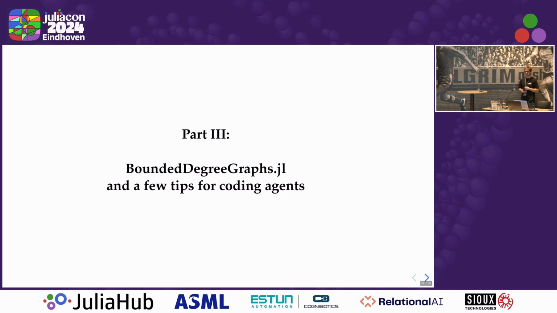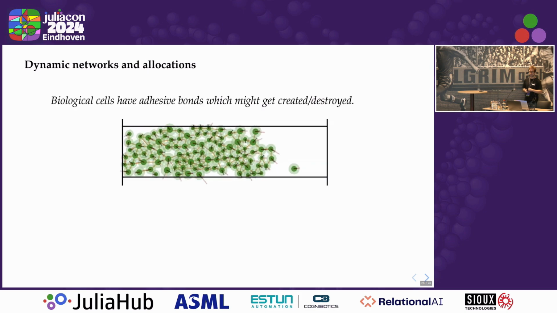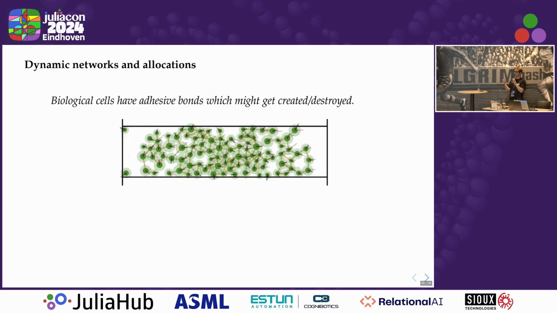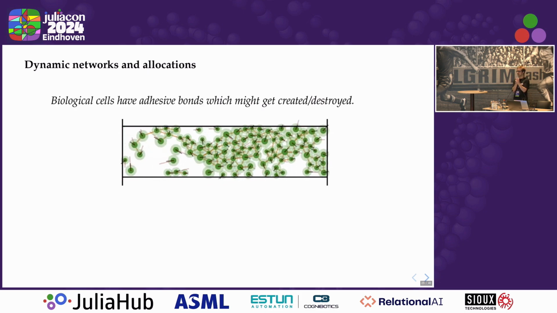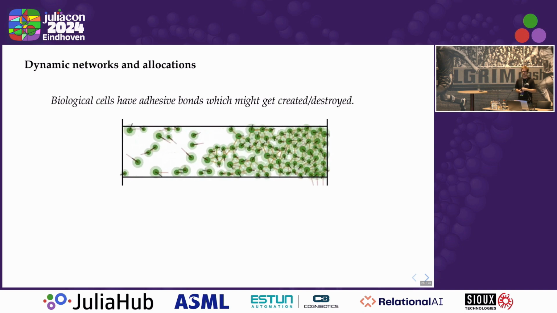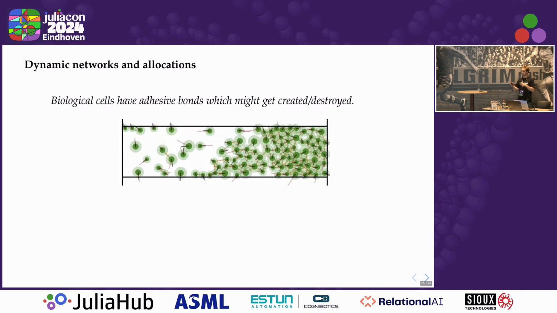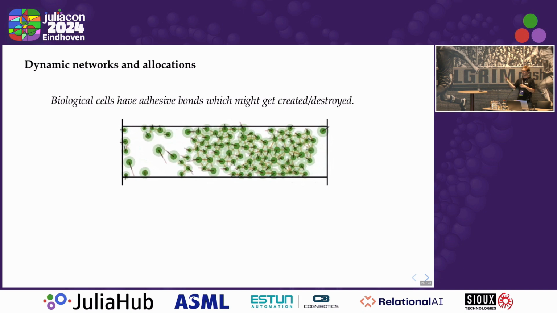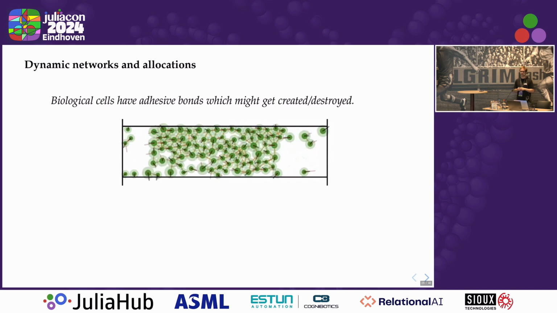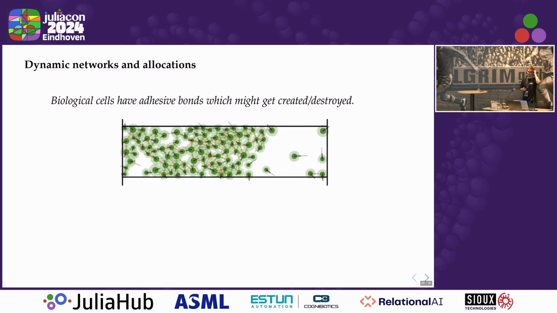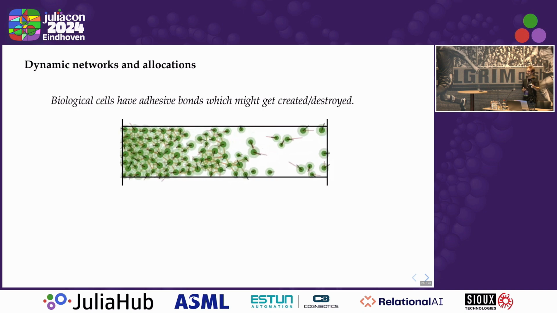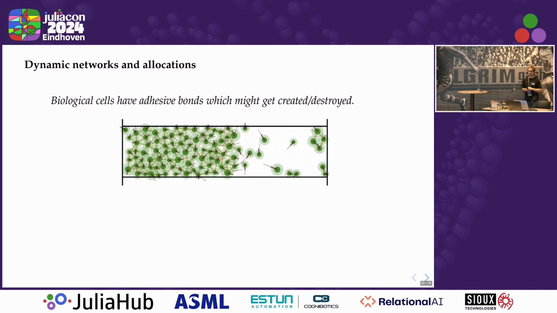Okay, so I'm running out of time, but it's not really a problem. The package BoundedDegreeGraphs is really simple. For agent-based models, you often have dynamic contacts between your agents. And I was always annoyed that if I use the Graphs package, I get allocations, and if I want to hunt down allocations, I never know whether I have allocations just because I'm creating or removing edges.